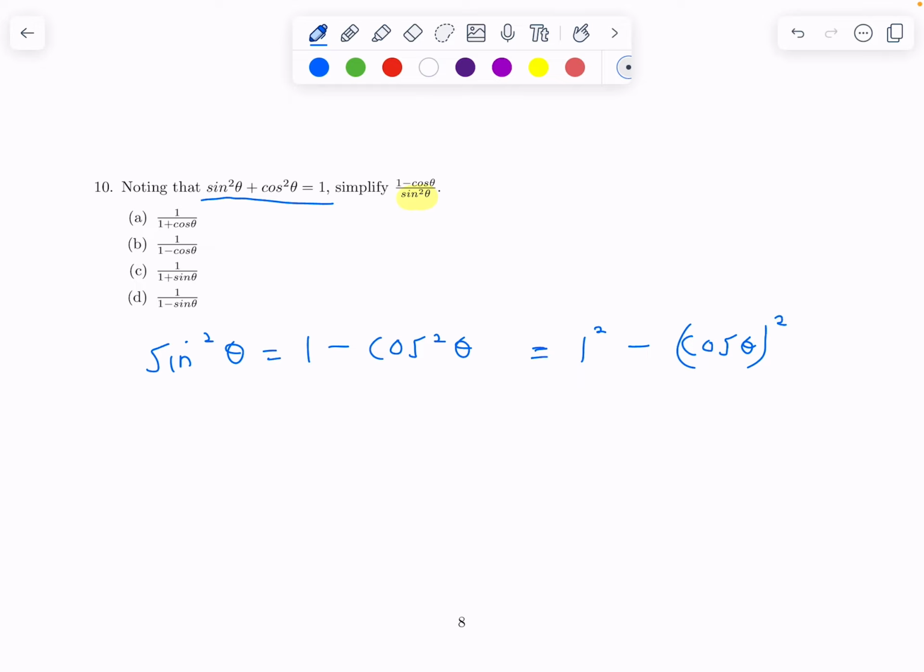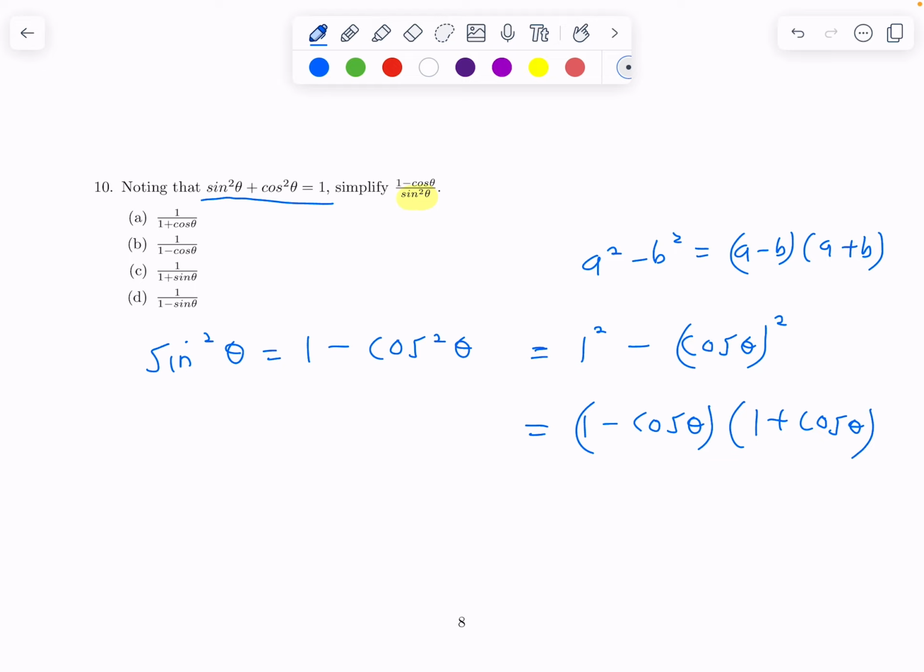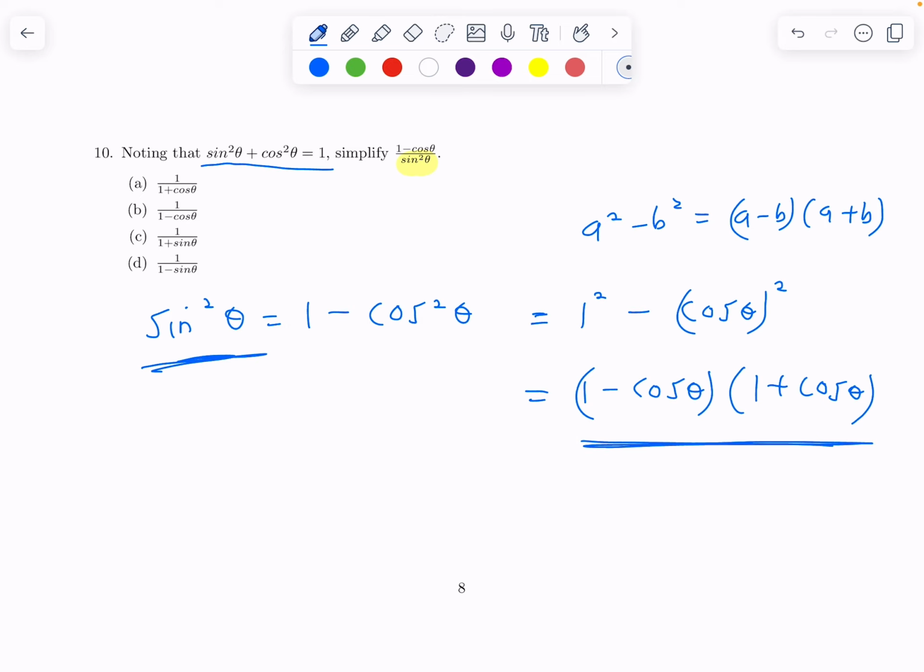And recall that by difference of squares, a square minus b square is going to be a minus b, a plus b. So using that idea, this is just going to be 1 minus cos theta, 1 plus cos theta. So my sine square theta is equal to all this. Now I'm just going to go into the given fraction.